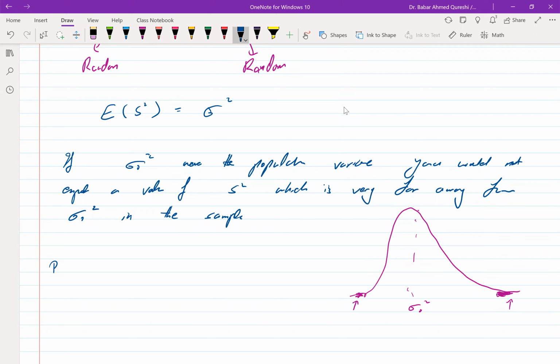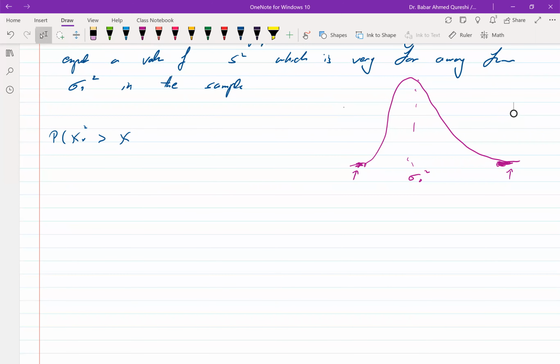So you say that if the probability of this chi-square variable being greater than a certain value, let me draw it again. Here is the chi-square distribution.